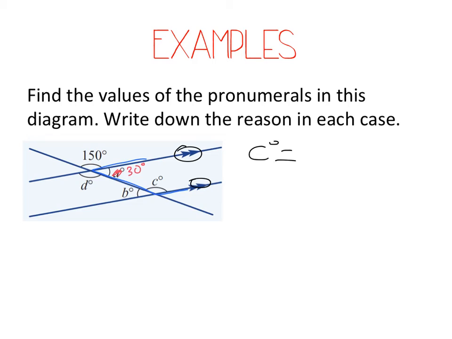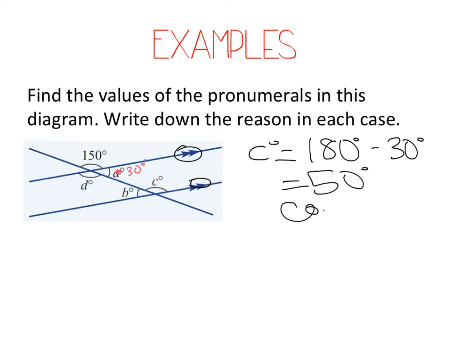There's the transversal, the straight line that cuts through them, okay? And they form a C, okay? So angle C is going to be 180, because co-interior angles are 180. 180 minus 30, because their relationship is co-interior. 150 degrees, reason co-interior. Okay, so C is now 150 degrees.